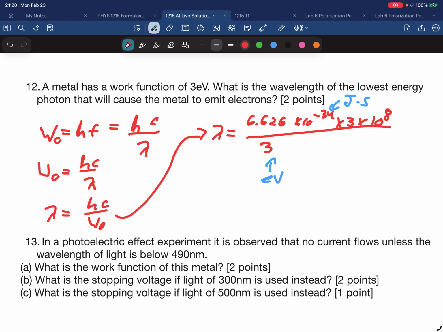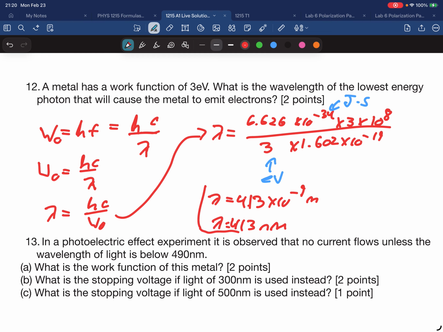So we need to convert exact same way as last time. And we get a wavelength of about 413 times 10 to the negative 9 meters, or 413 nanometers.